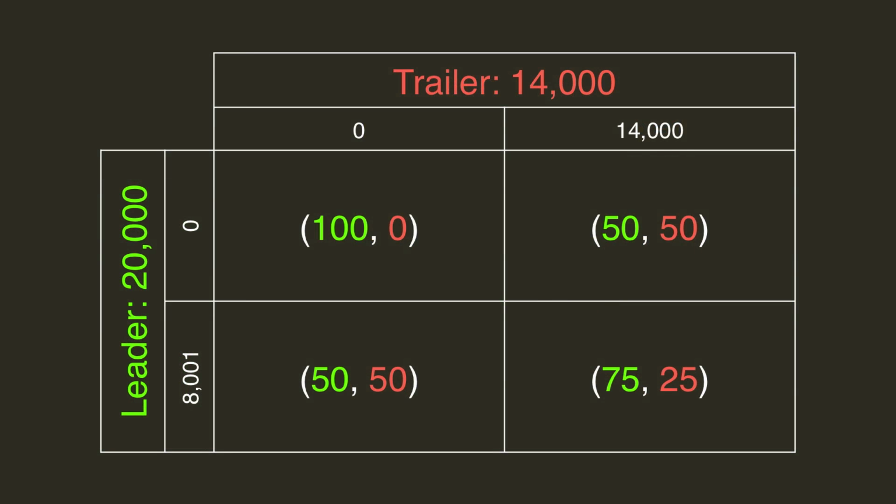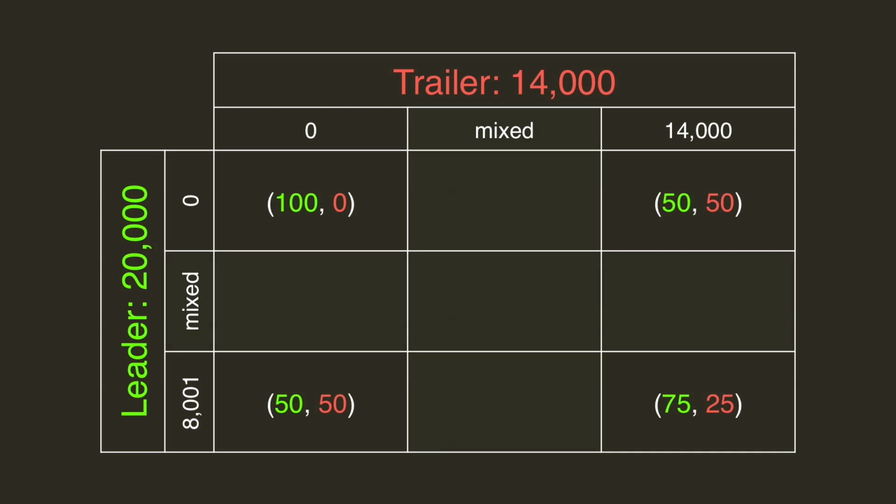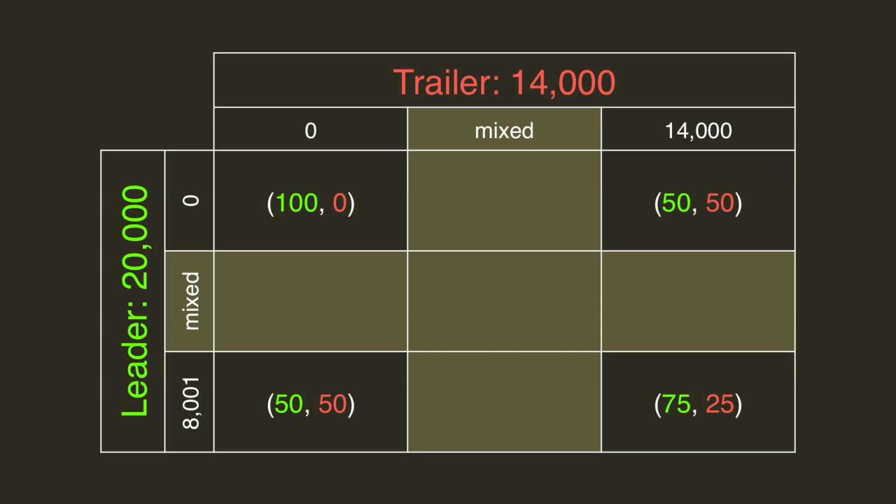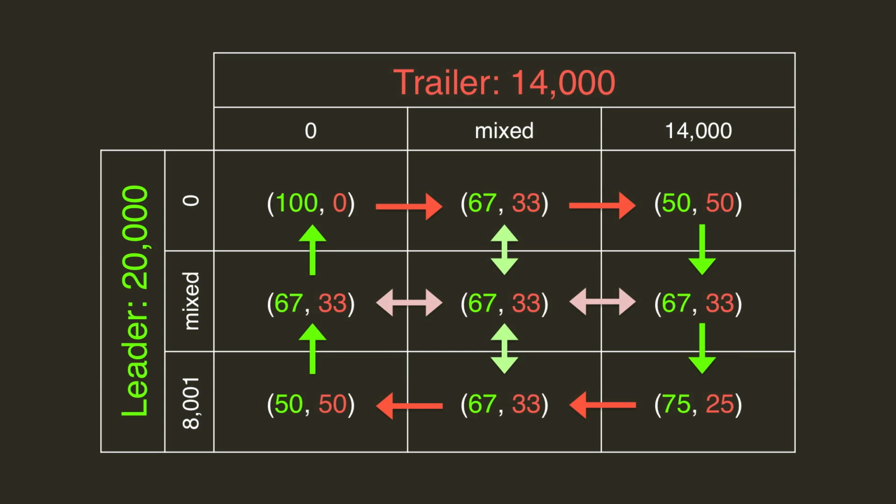Let's return one last time to our matrix, and add a new column and a new row for our mixed strategies. In any case, when either player uses the mixed strategy, the leader can expect to win 67% of the time, and the trailer can expect to win 33% of the time. Let's draw in the arrows to show how this works. Same as before.